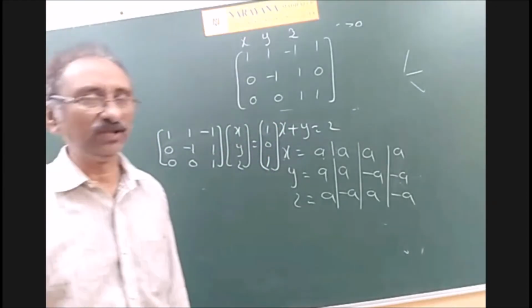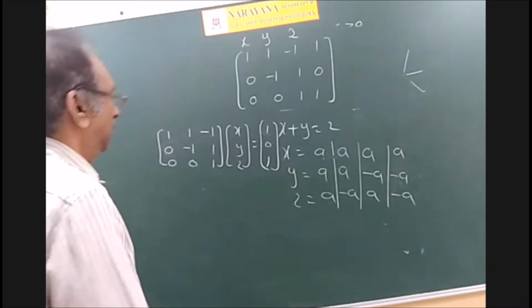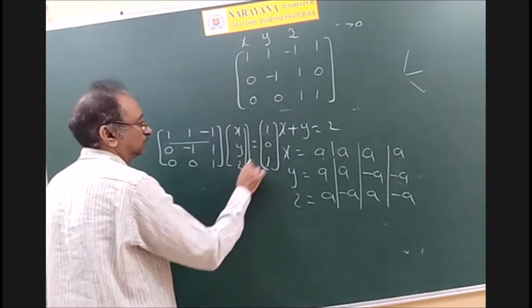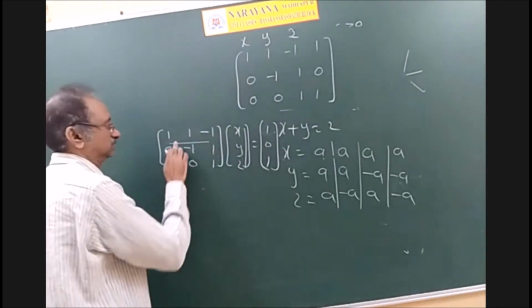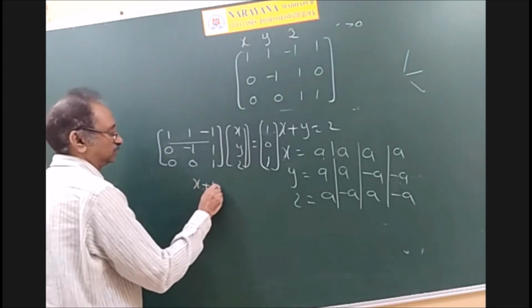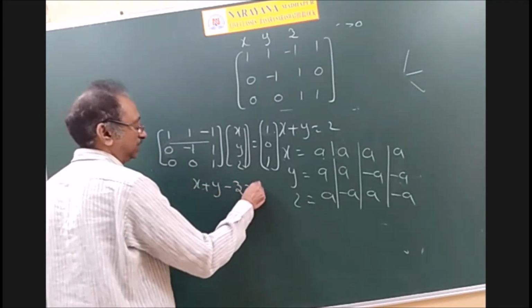So those are the equations written in matrix form. So 1 into X plus 1 into Y minus Z is equal to 1.